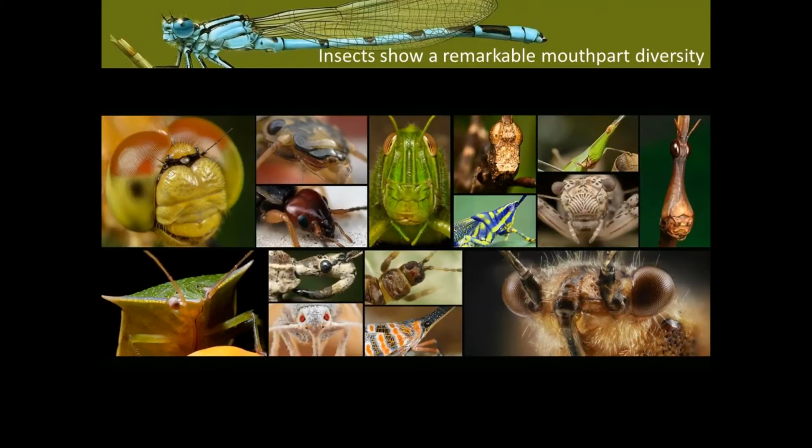So when we take a look at insects in a more general way, we see that there are many different insect head types, and these different insect head types, of course, also have different mouth parts. For example, in the upper row, biting, chewing mouth parts, and in the lower row, piercing, sucking mouth parts.